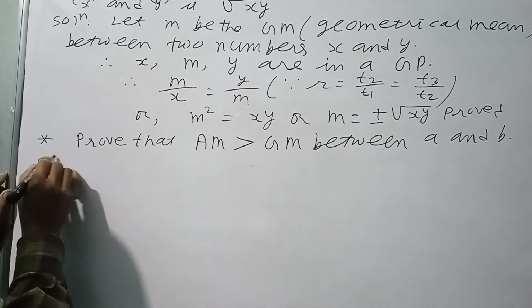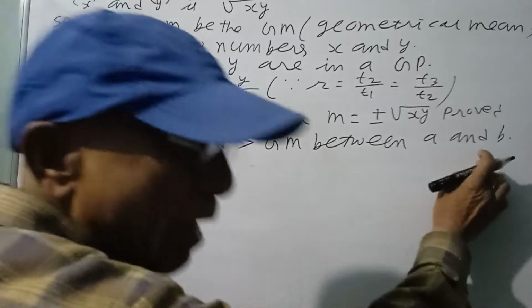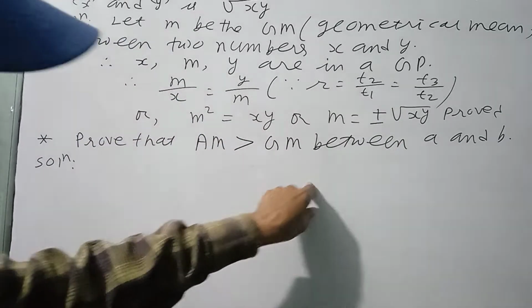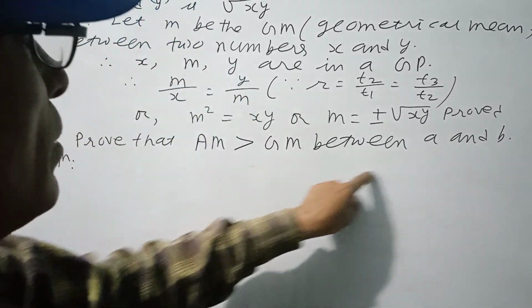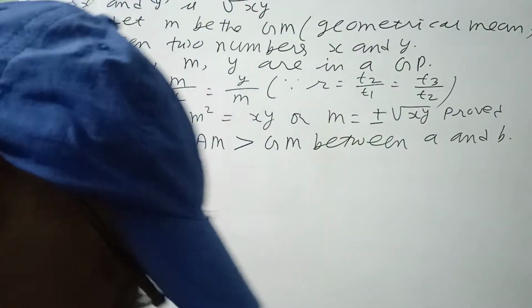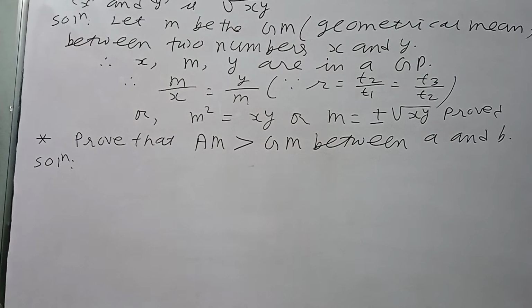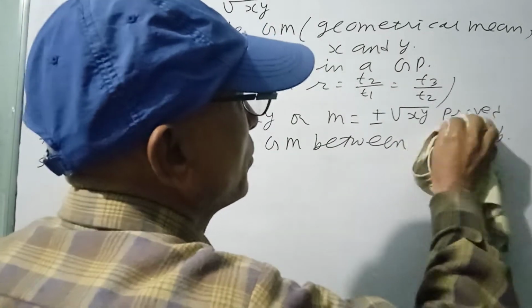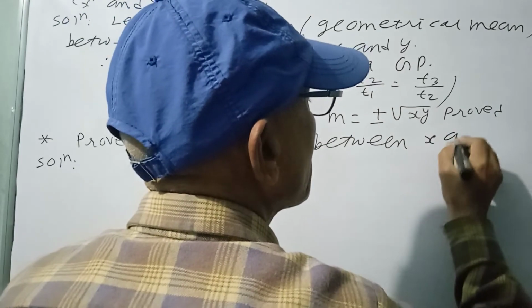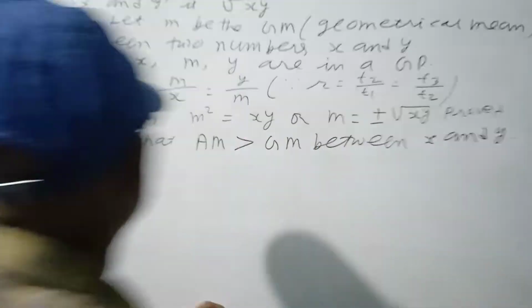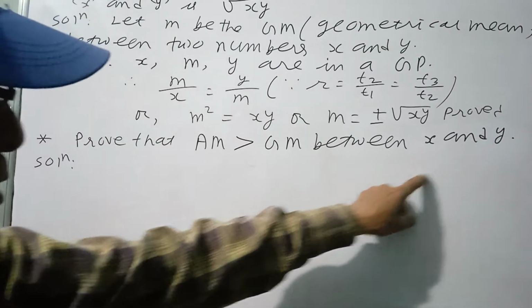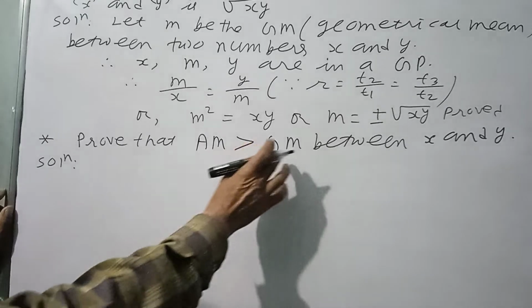Solution: there can be any numbers, not only A, B. In many books it is given as A and B, but you can write X, Y. Let me write X and Y. Prove that the arithmetic mean between any two numbers x, y is more than the geometric mean.